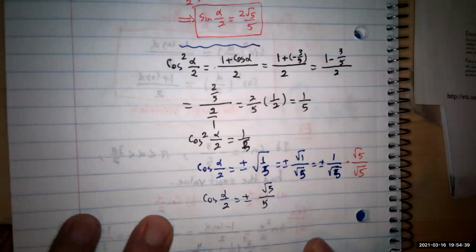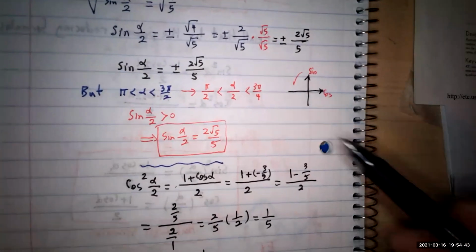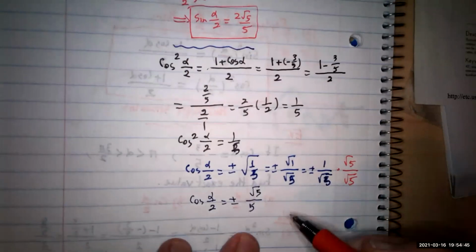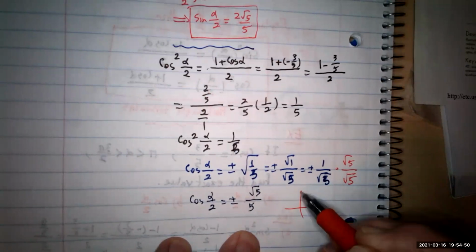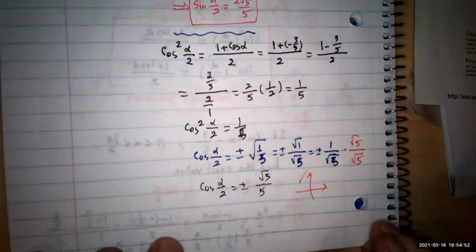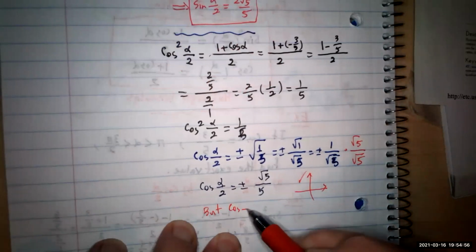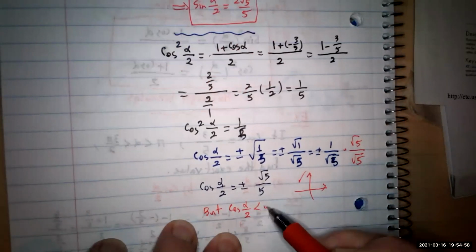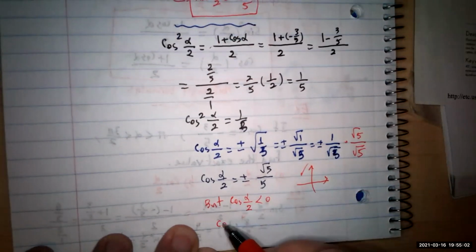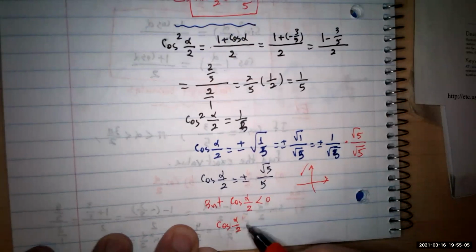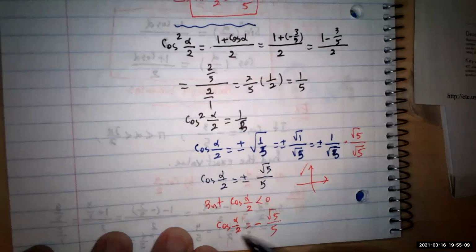But already you have it. You know that this is in the second quadrant. In the second quadrant, the cosine is negative. Since it's negative, the final answer would be cosine of alpha half is equal to negative radical 5 over 5.